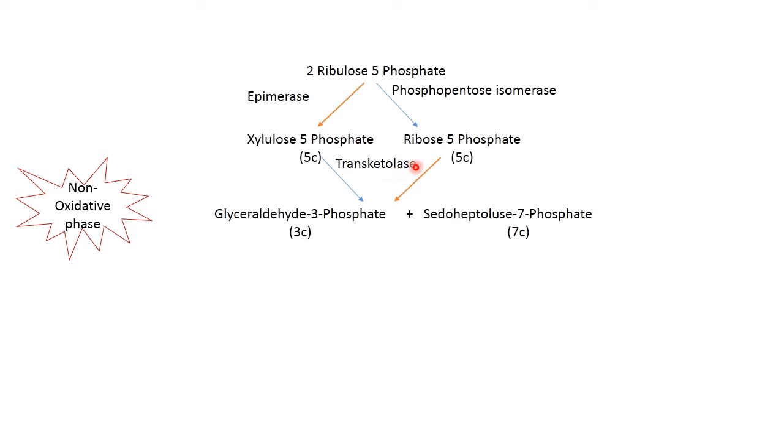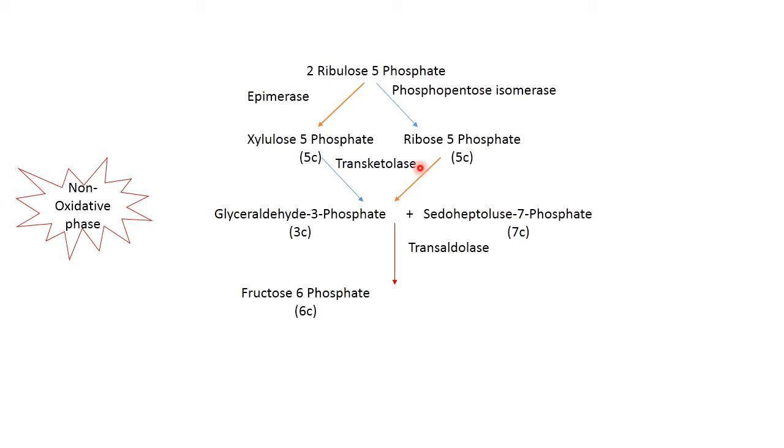So the transketolase requires thiamine pyrophosphate, which also serves as a coenzyme in various other reactions. Now again there will be shifting of the aldose ketose group between the glyceraldehyde 3-phosphate and sedoheptulose 7-phosphate.